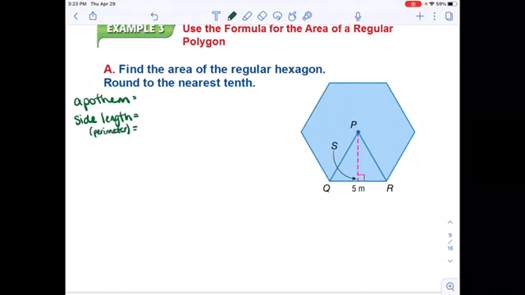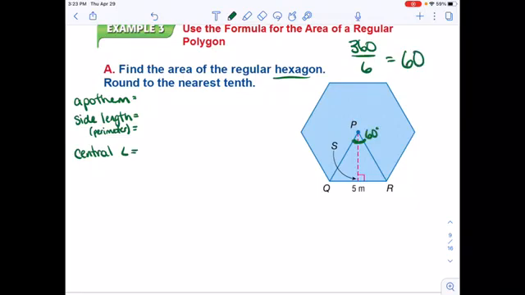We'll start there. We'll probably need our central angle to help us figure some things out, so I'm actually going to find that one first. This is a hexagon. There are 6 sides. I'm going to take 360 divided by 6. I know my central angle is 60 degrees.